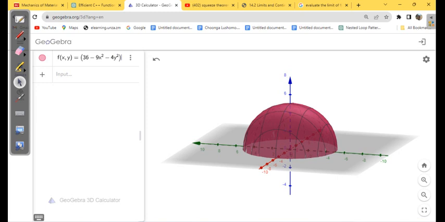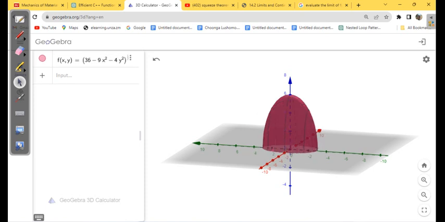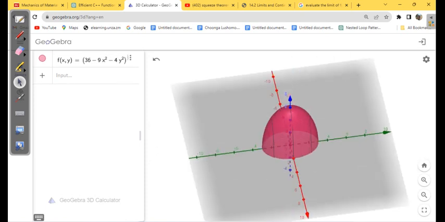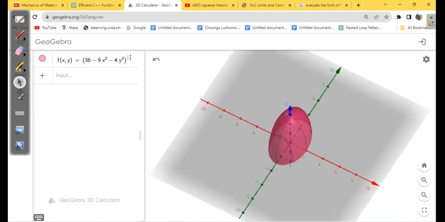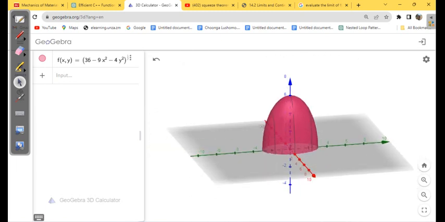Then we say to the power 1 over 2. Okay, that's what we have. Something like that. So the highest we are still getting for this part is, we can see that it's still what? It's still 36 at that point. Okay.